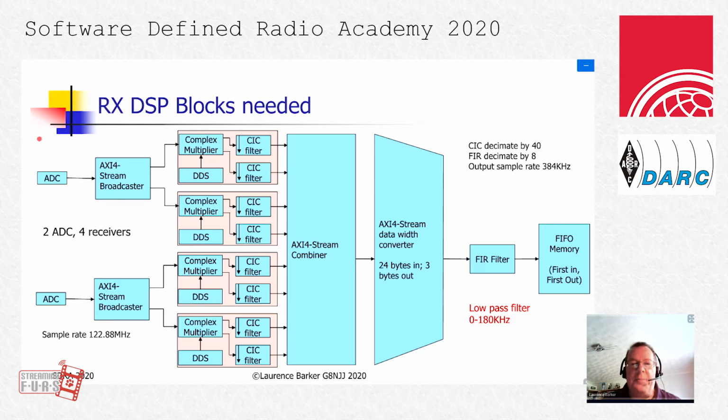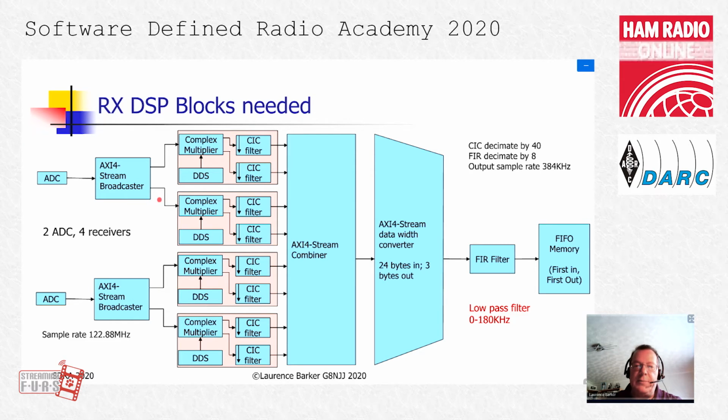So in the IP integrator, this is roughly speaking what you would end up with for a flow graph for a 4 receiver with 2 A to D converters. Each A to D converter is connected to an AXI stream broadcaster to send 2 sets of its samples out.